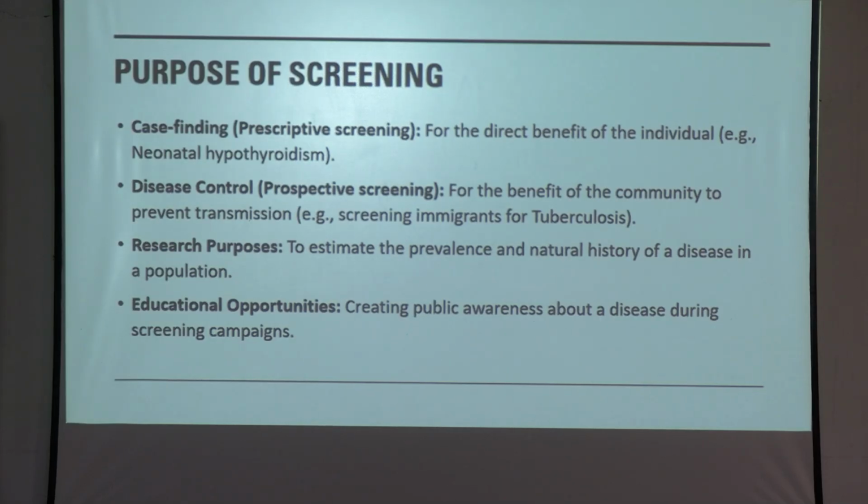And what is the objective of prospective screening? The objective of prospective screening is for the benefit of others, for a contagious disease, for hepatitis, for HIV, for COVID. If we are not able to detect the undiagnosed cases in the community, then those people will be freely roaming in the community and spreading the disease to others. So we were doing something like this with the Arogya Setu app, isn't it?